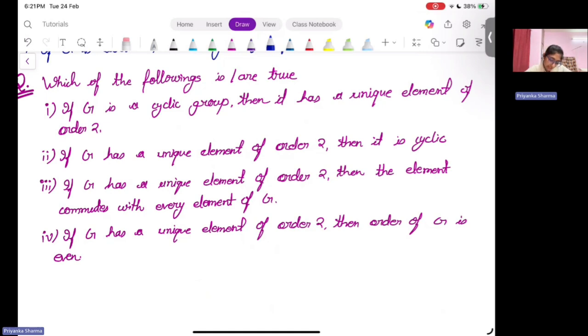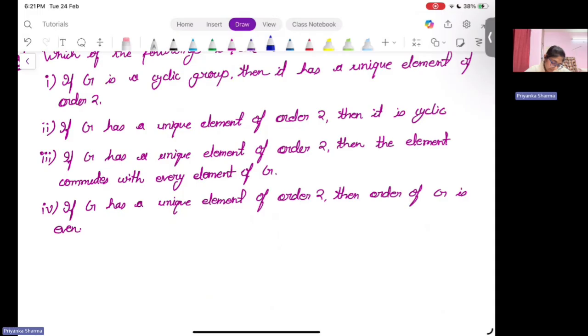If G has a unique element of order 2, then the element commutes with every element of G, which is equivalent to saying that the element is an element of center of G. And the last one, if G has a unique element of order 2, then the order of G is even.